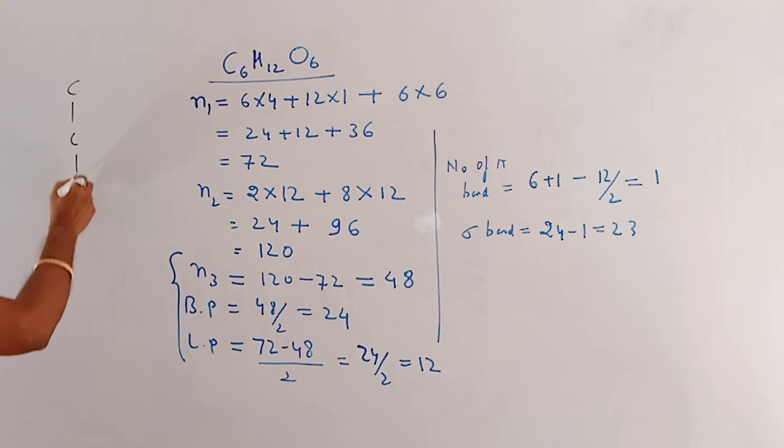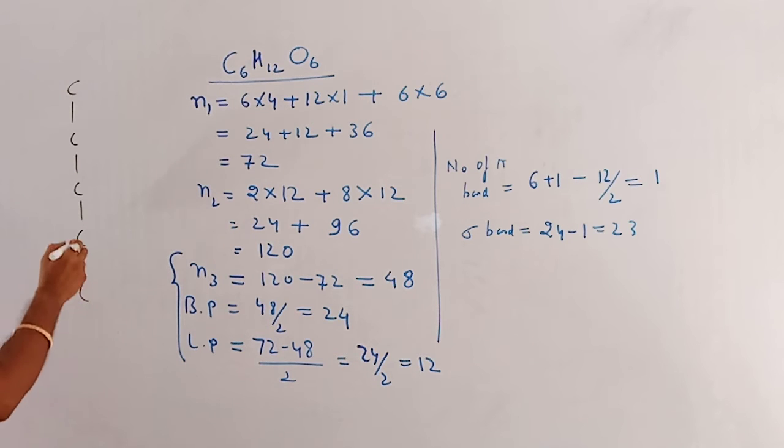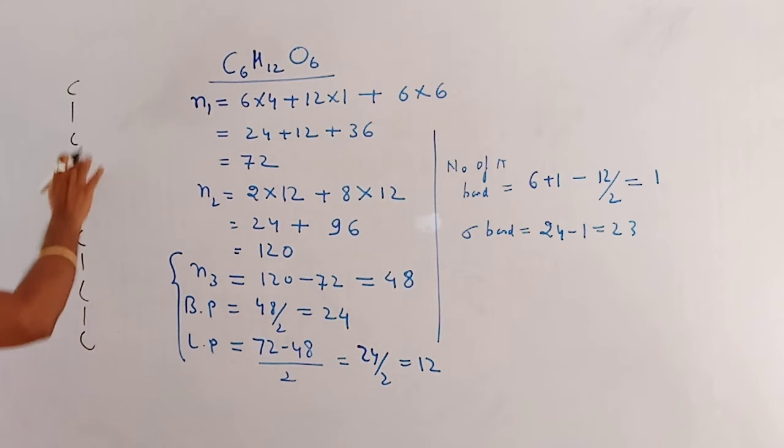Here is the glucose, 6 atoms, 1 2 3 4 5 6.